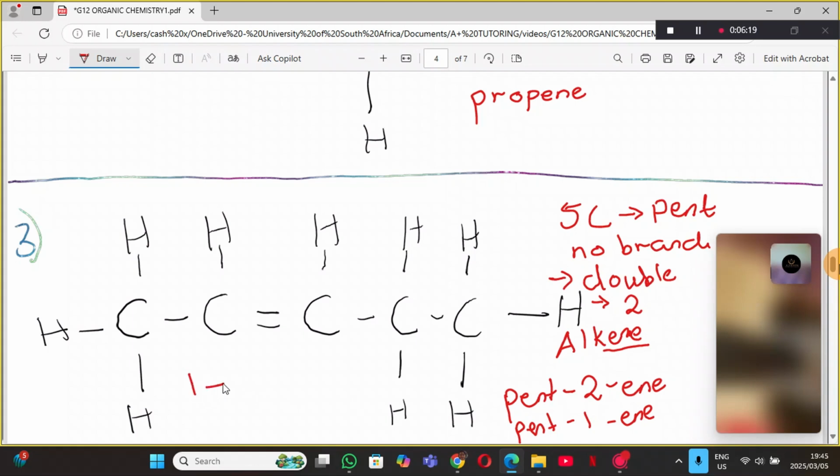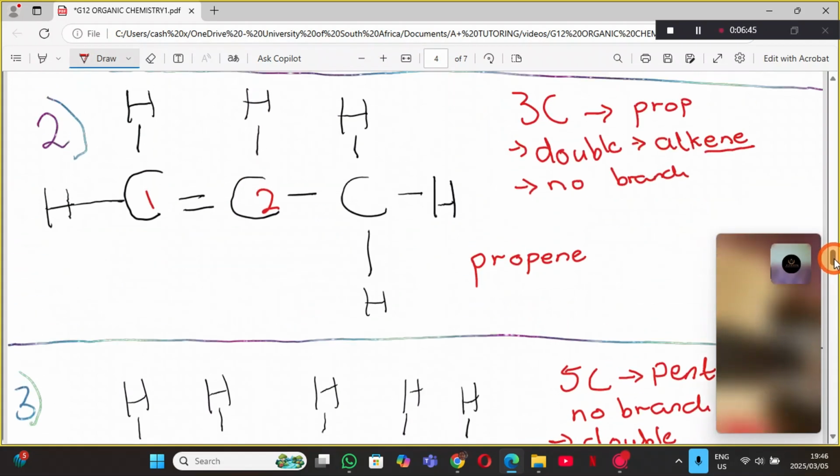Others would write it as 1-pent-ene. So it's only for prop where you don't have to add the 1 or the 2? Yes, only for prop, because prop is always 3 carbons, so it's always going to be the same position, position 1.